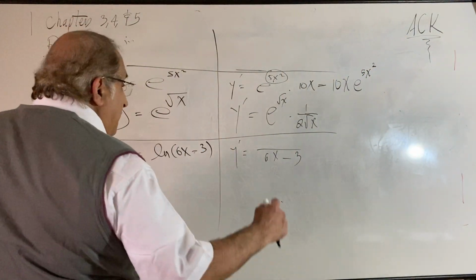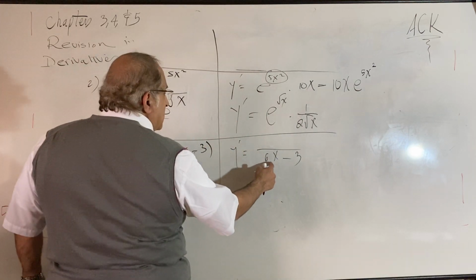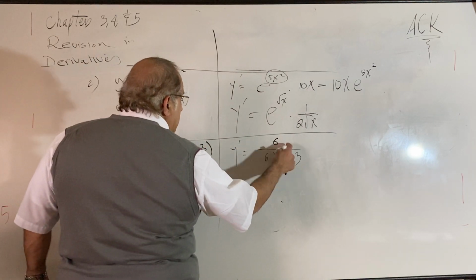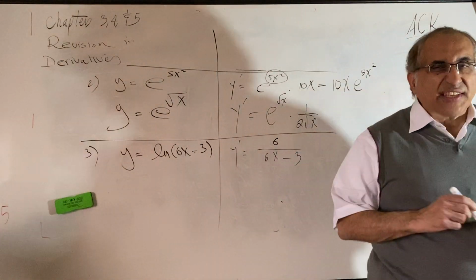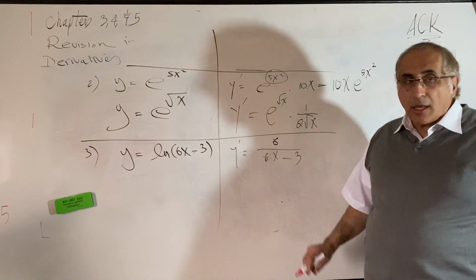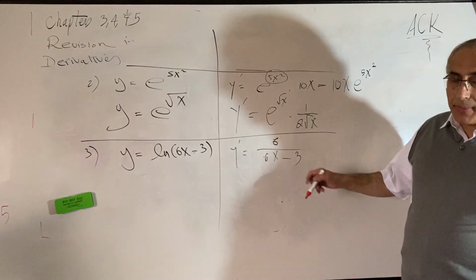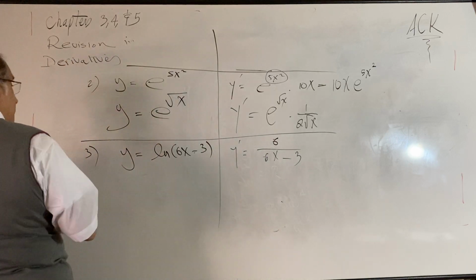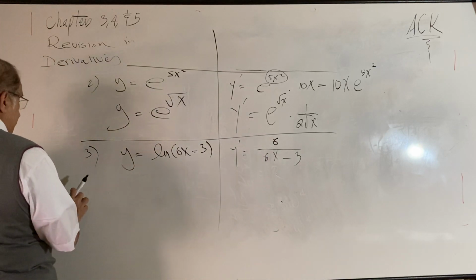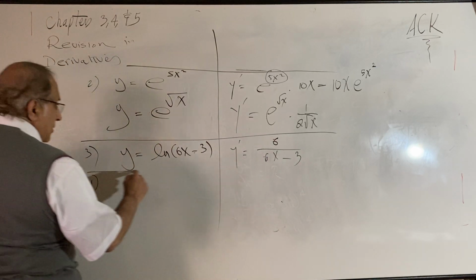And the derivative of the denominator, 6x is 6, minus 3 is 0. Finished. And don't say 6 with 6. No, because this will stop me. Smart guys. All right?